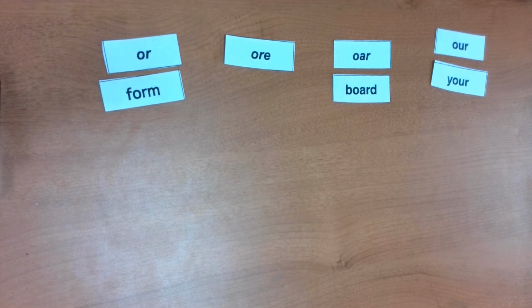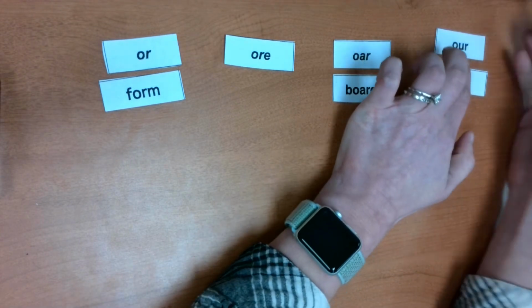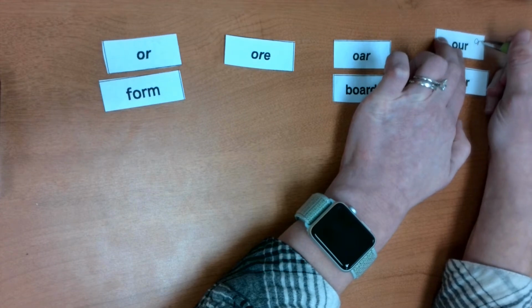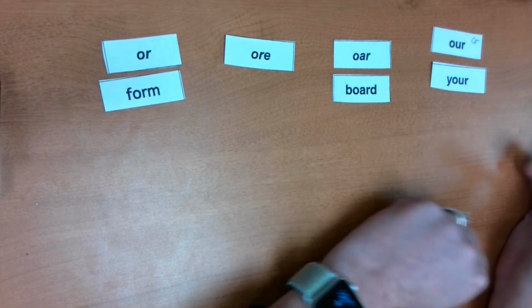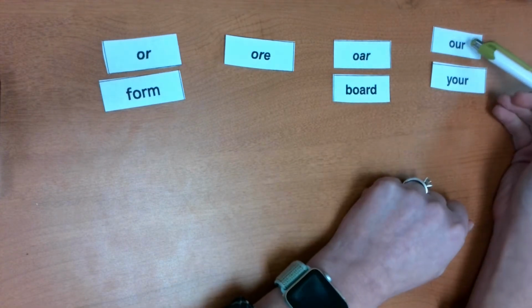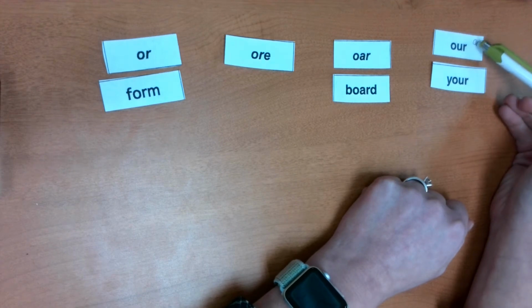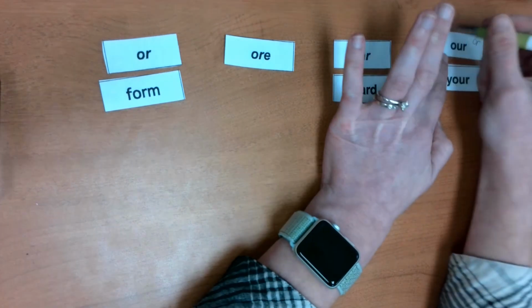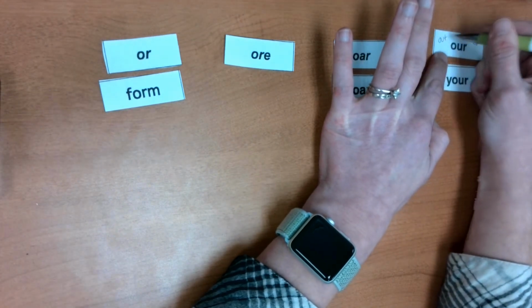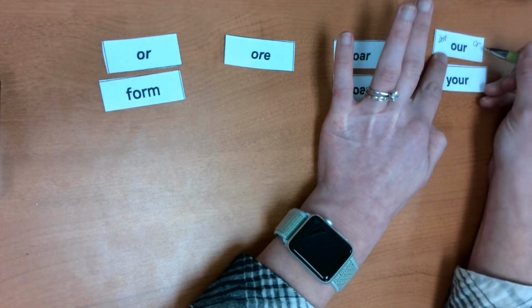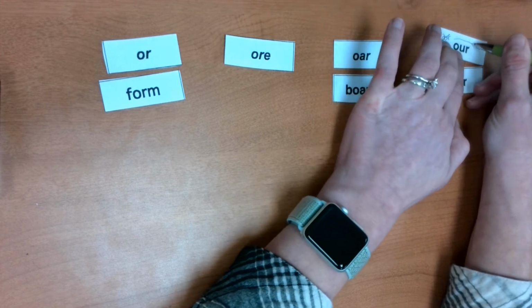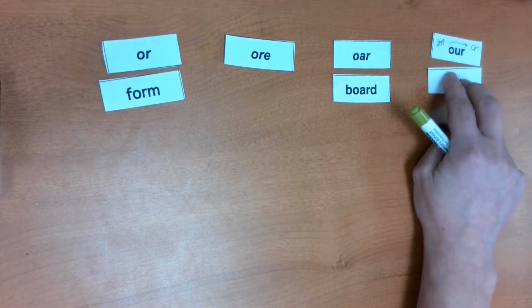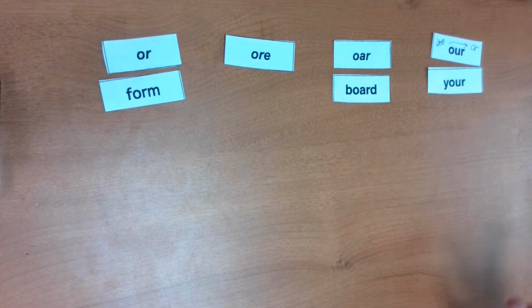So this one is going to have an or sound to it. So find that header and go ahead and mark it up with that or. This typically only happens when we've got that R right here that's controlling that sound. So it changes it from not an out sound to an or sound, all because of that bossy R that's influencing the sound of those OUs, okay?